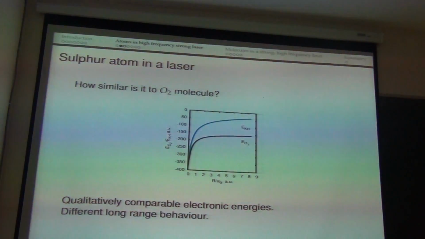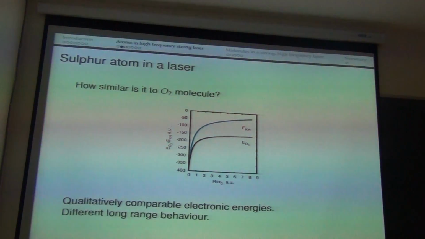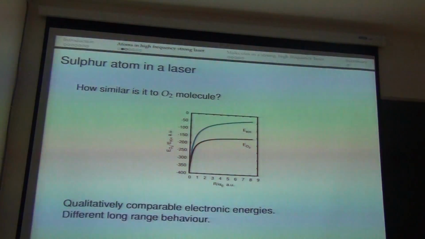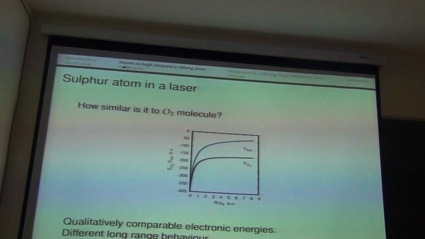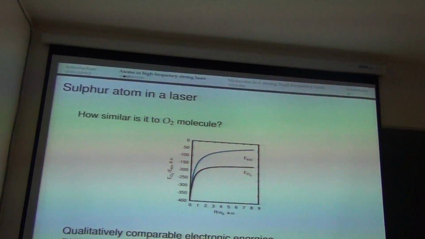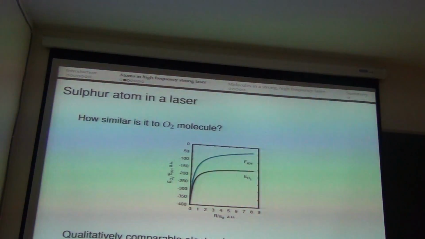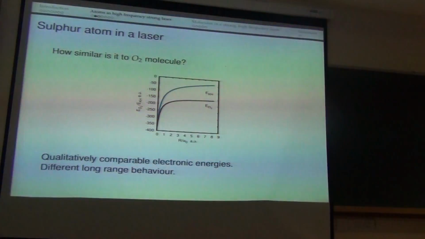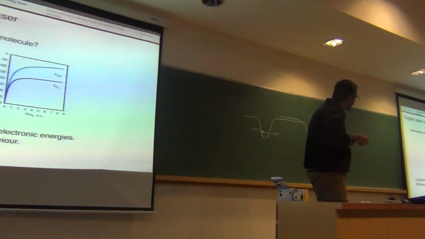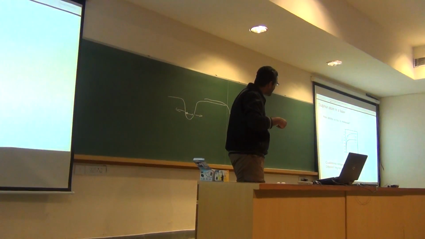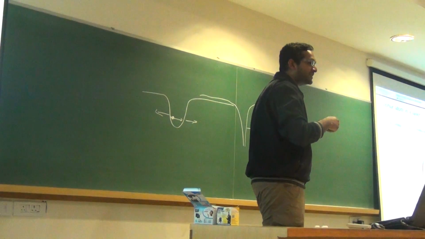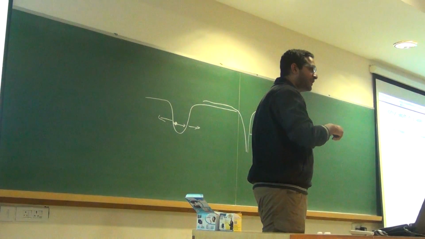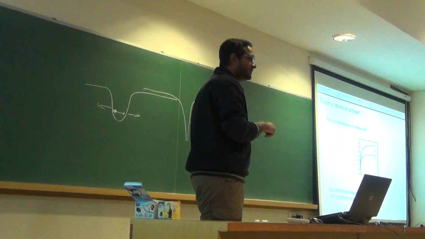The first thing we have compared here is the electronic energies, of the O2 molecule and of the sulfur atom in the laser. They look qualitatively similar up to a certain distance, but this is without the nuclear repulsion. The nuclear repulsion has not been counted.